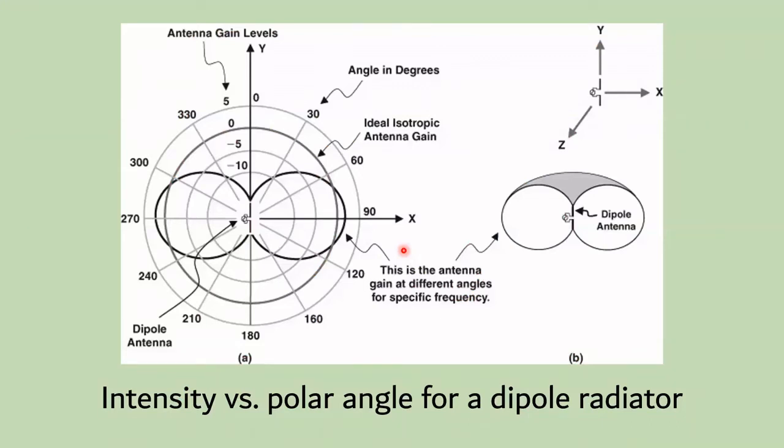Here's a common type of plot used to describe antenna gain. An antenna, which is just a set of conductors used to absorb or emit electromagnetic waves, receives energy preferentially in the same directions that it emits energy preferentially.